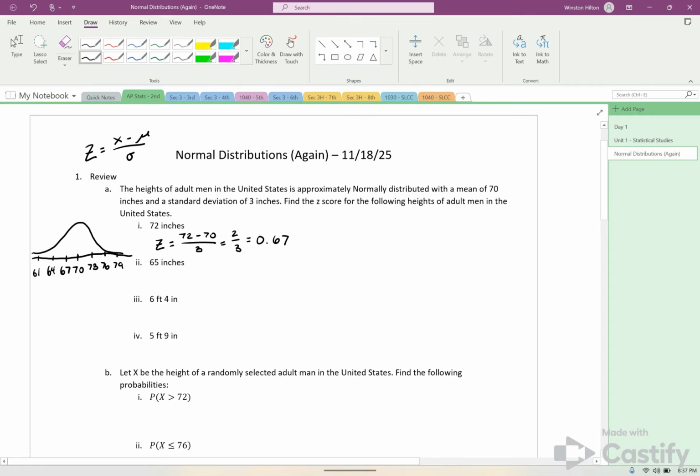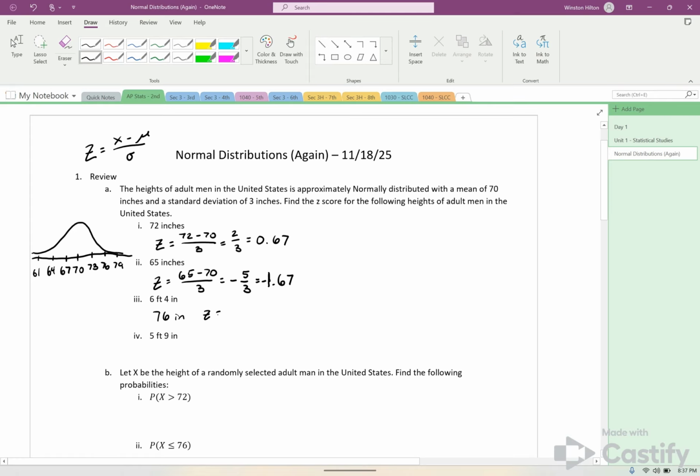All right, 65 inches, we're going to follow the exact same format. 65 minus 70 divided by 3. So that is going to be negative 5/3, which is negative 1.67. To find these next two, we're first going to have to convert from feet into inches. 6 feet 4 inches is the same as 76 inches.